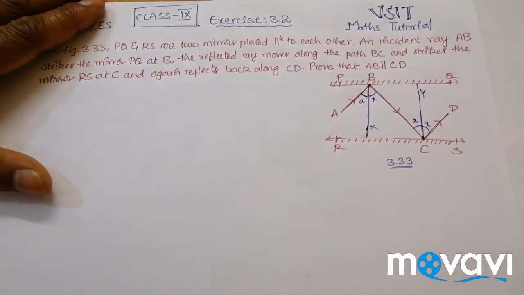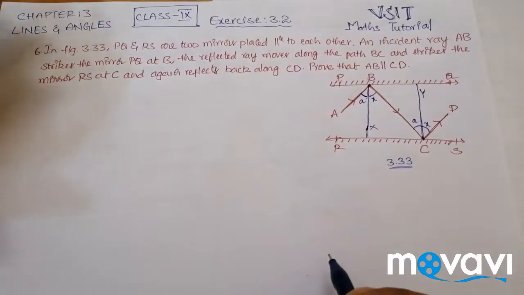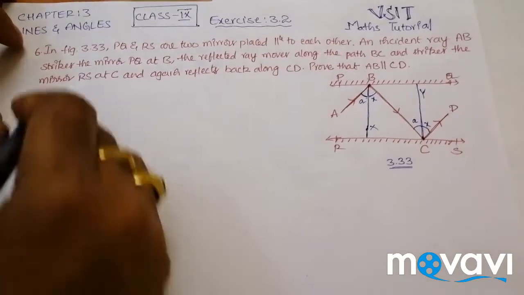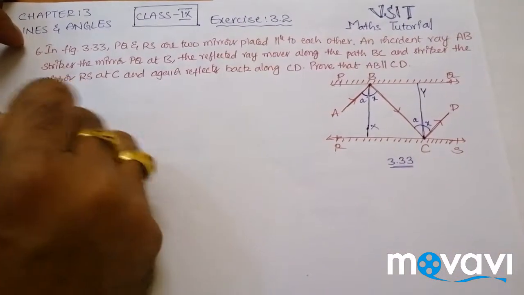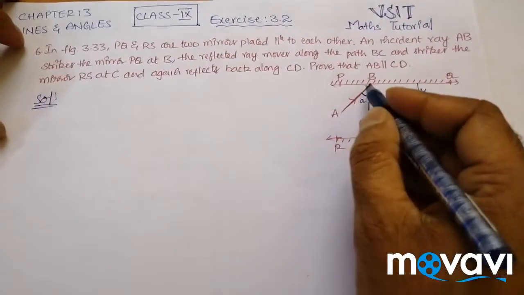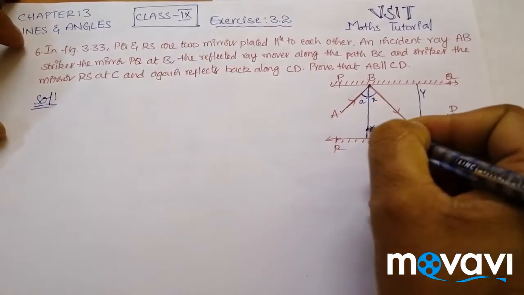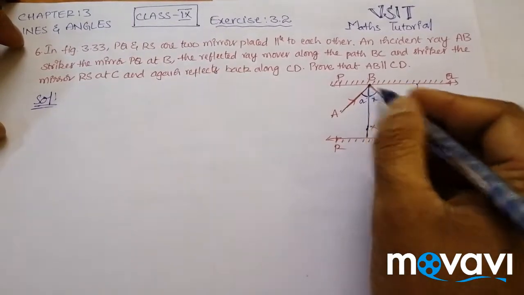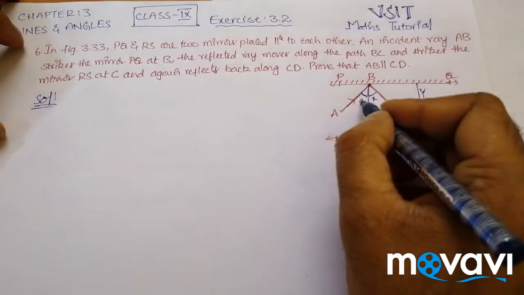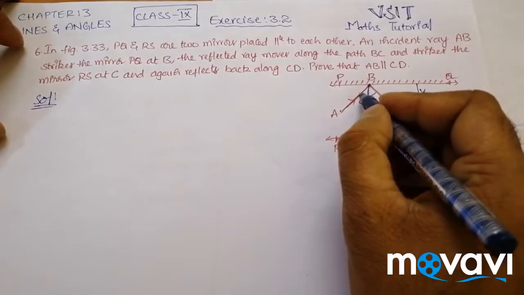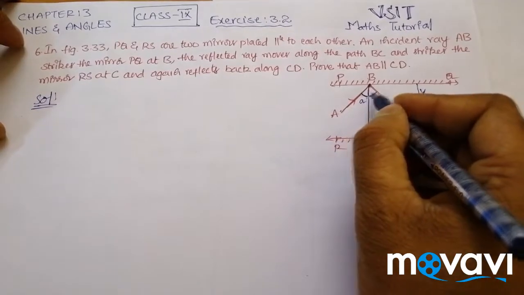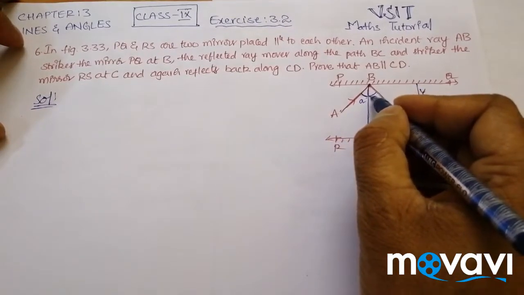But we know that angle of incidence will always be equal to angle of reflection. So angle ABX will be equal to angle XBC.